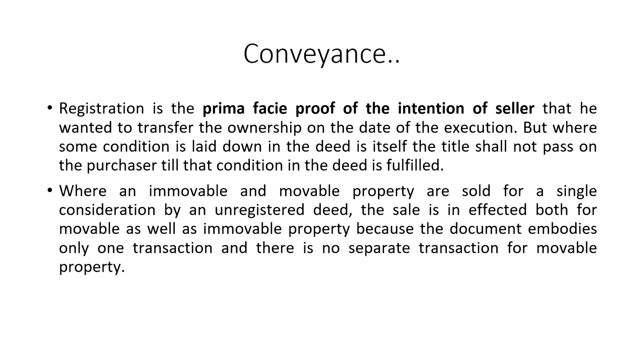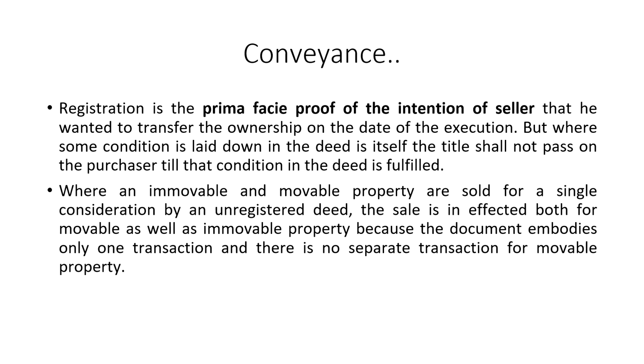Seller intention is very important, because he wanted to sell it, then only it will be a valid sale. But where some condition is laid down in the deed itself, that the title shall not pass to the purchaser till the condition in the deed is fulfilled, then it is a valid one. Okay.